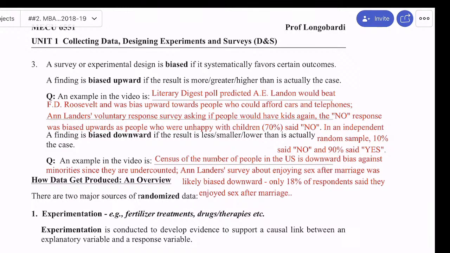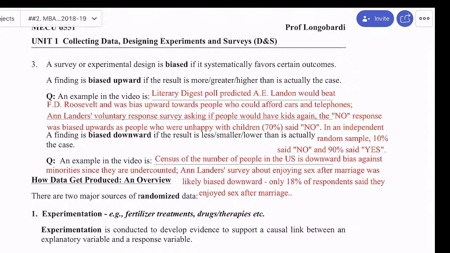So it really matters how I write the expression or the sentence. I can flip it so it says upward or downward bias. So for instance, Ann Landers had a voluntary response survey asking people.